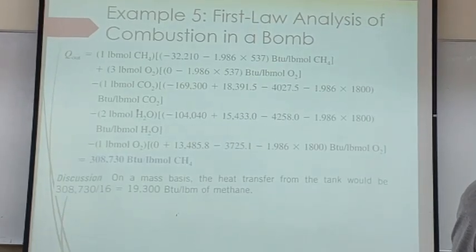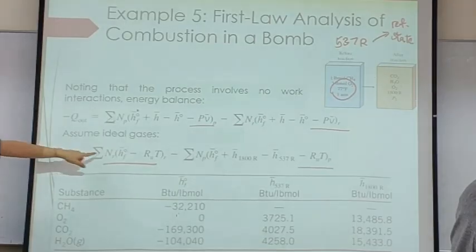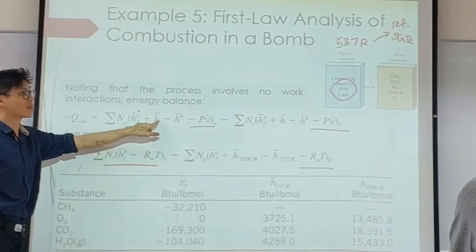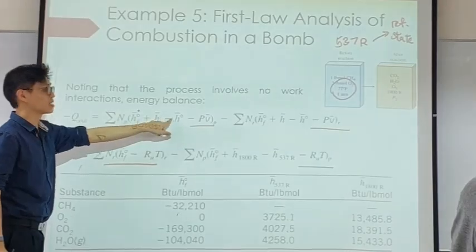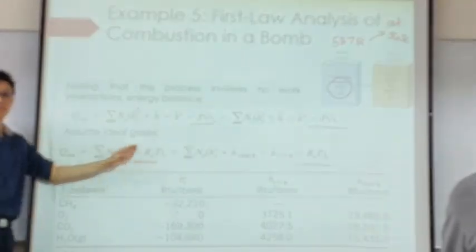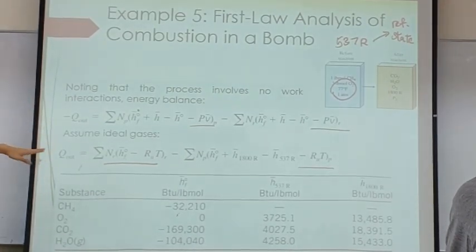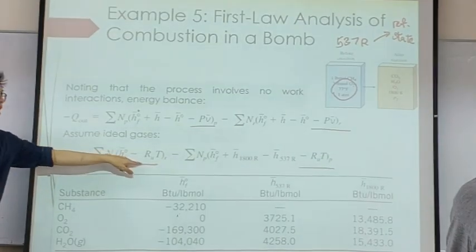Meaning even if this part we write it out, it will just be h77F minus h77F. So they cancel. So here we just took it out to make it look simpler. Then the rest you can see the equation is exactly the same with the addition of RuT. That's all.